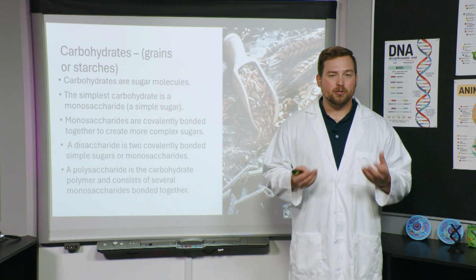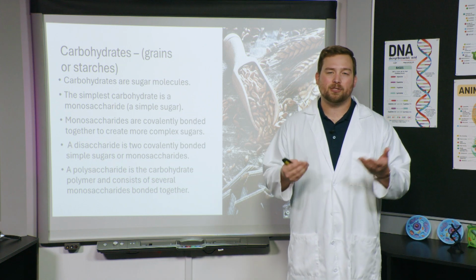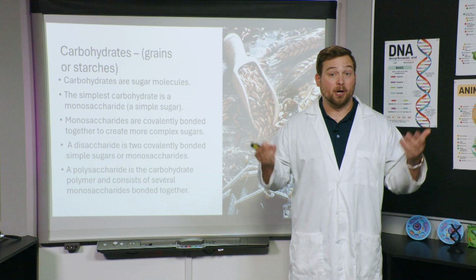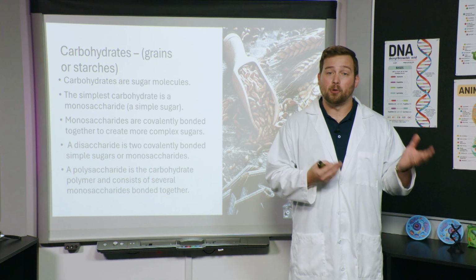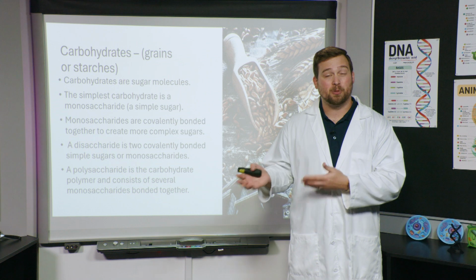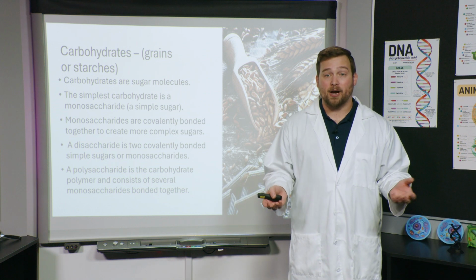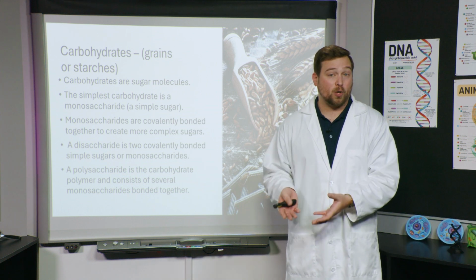Somewhat counterintuitively, the more sugar that is in a molecule, the less sweet that it tastes. You would think that, oh, well, a starch is a bunch of sugar. A lot of sugar should taste sweet, right? Not really. So bread and pasta, rice, potatoes, a lot of those are starches or polysaccharides. There's a lot of sugar in them, but the more complex it is, the less sweet that it tastes.